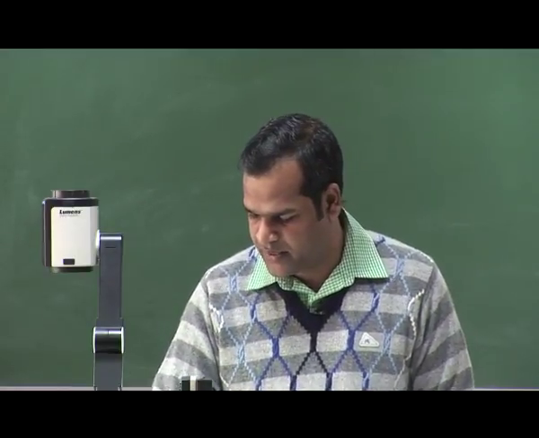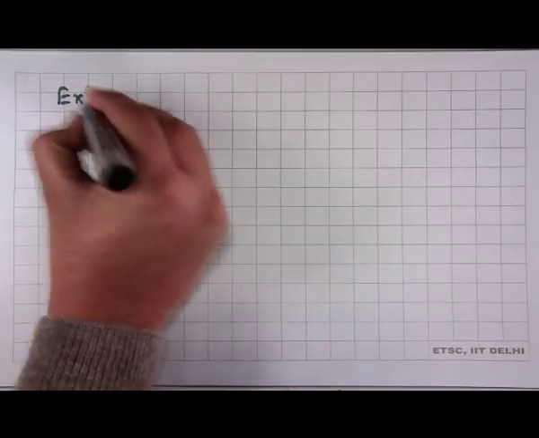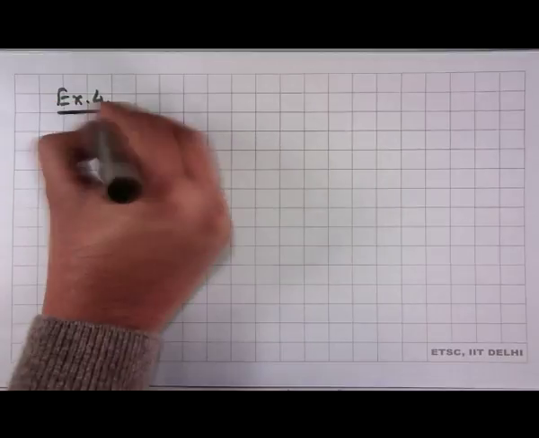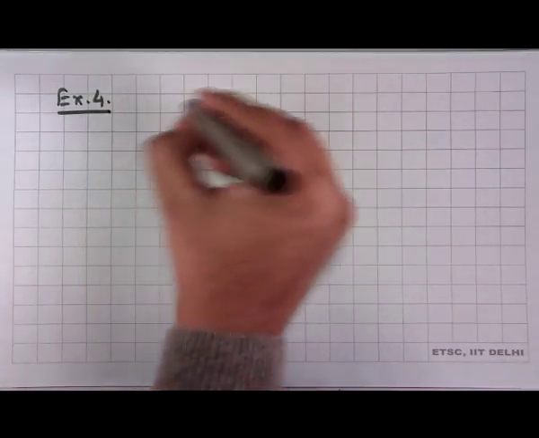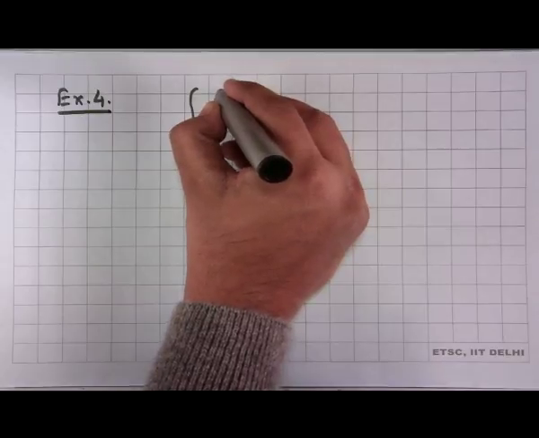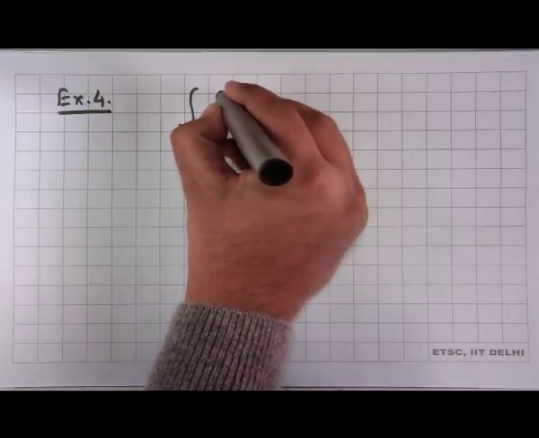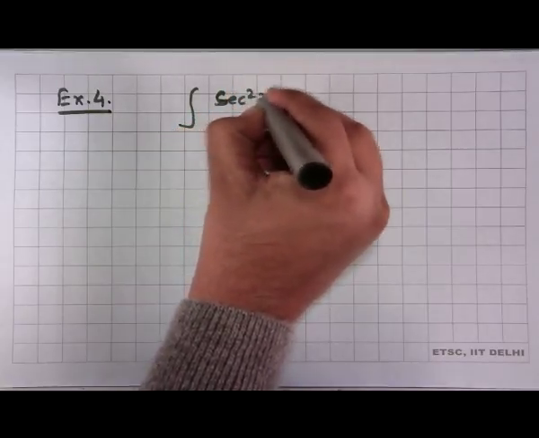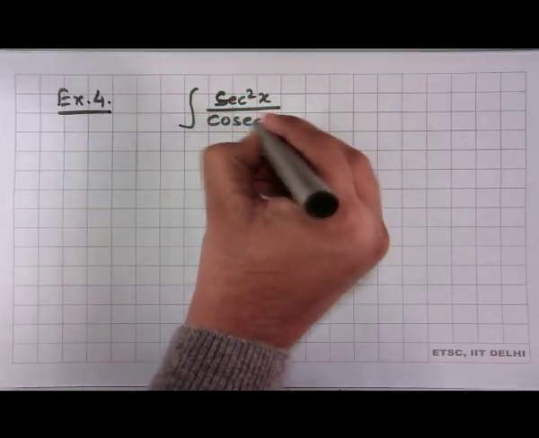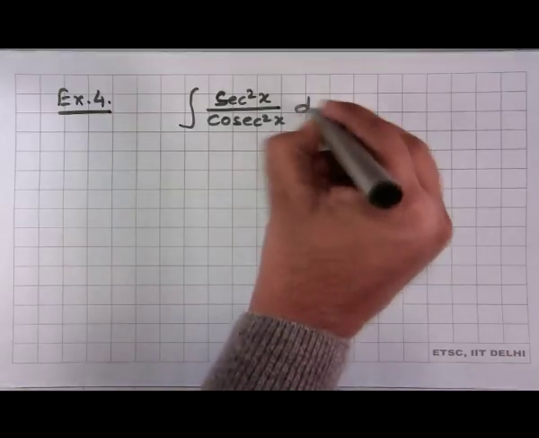We will put another example for you using some trigonometric relationship. Example 4, say we have to evaluate the integral of sec square x divided by cosec square x dx.